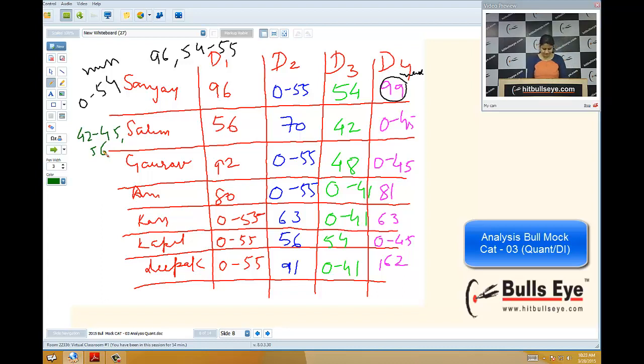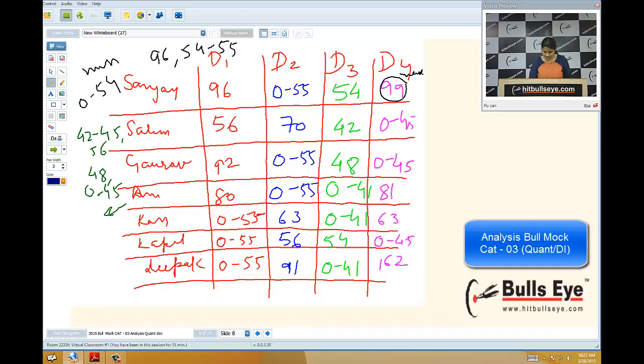For Gaurav, it will be 48 and it will be 0 to 45. These will be 2 middle quantities for Gaurav. Any problem till the moment, Gaurav? Aman? Now, for Amar, once again we'll count the two middle quantities.